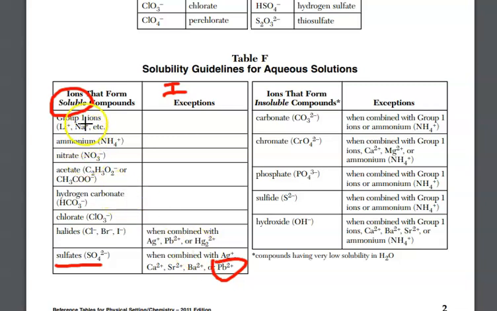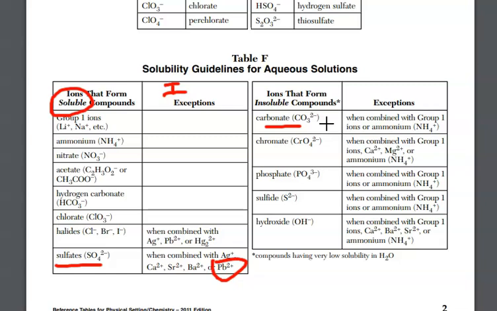I start from left to right. I don't see silver here. I don't see carbonate. I see hydrogen carbonate, but that's different. All right, none of the exceptions. I bounce over to the third column, and here is carbonate. Carbonate typically forms insoluble compounds, and silver, Ag plus, is not group 1, and it's certainly not ammonium. It means it's insoluble.